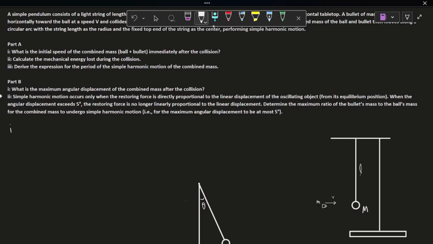Now let's think, how do we solve for angular displacement? The angular displacement is definitely related to the use of trigonometry. But we don't know any length yet except for the length of the string. For now, the length of the string is L. So there are two ways for us to solve for theta.